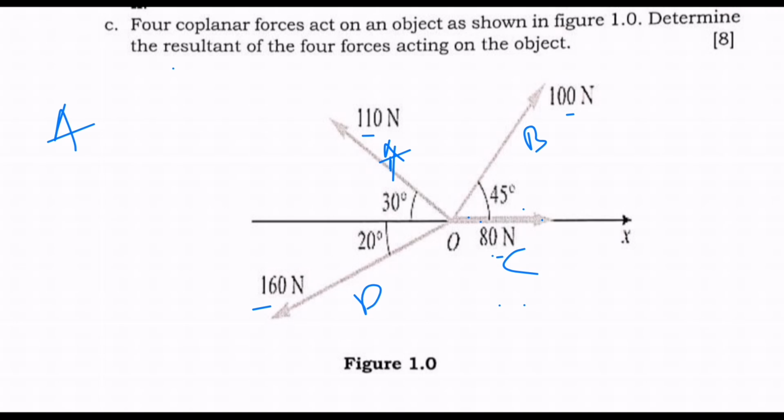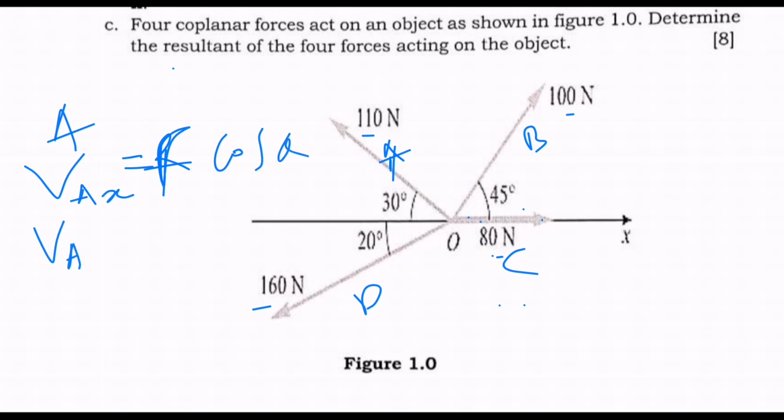The formula to find the x component of, say, vector A, the component of A in x: we are dealing with forces, so we use force cos theta. Then for the y component, we do the same: F sin theta.